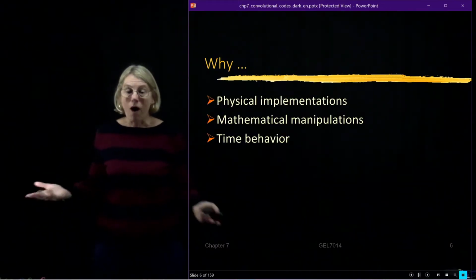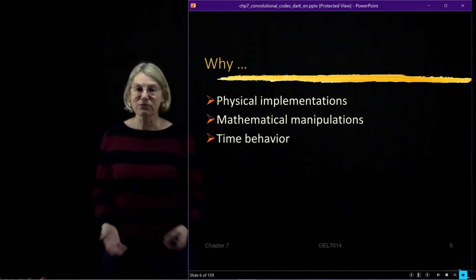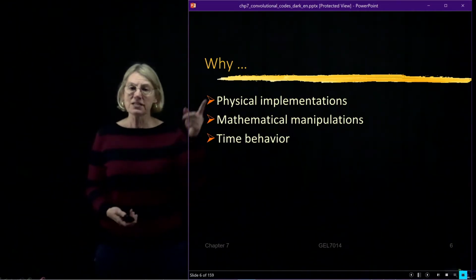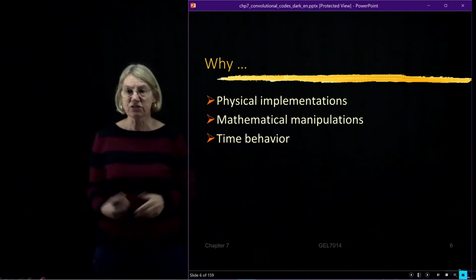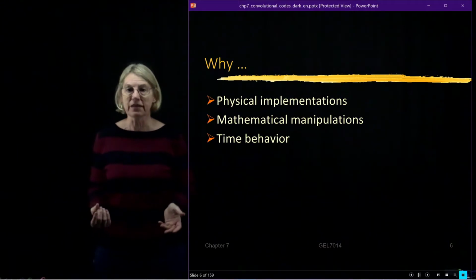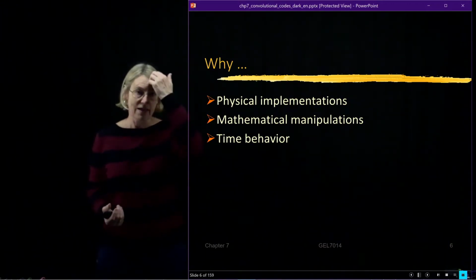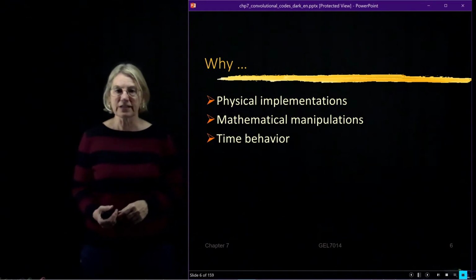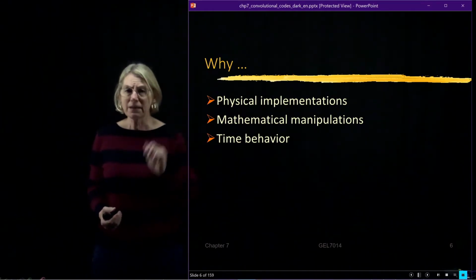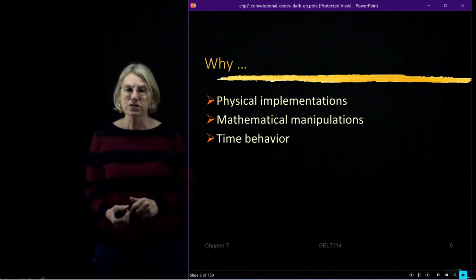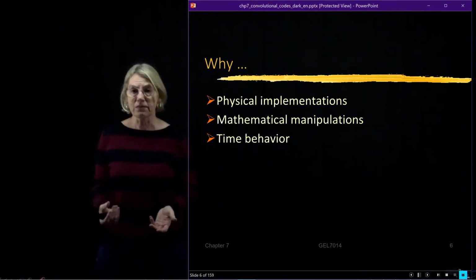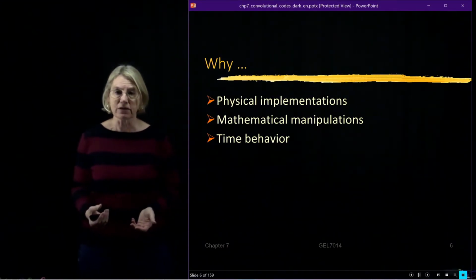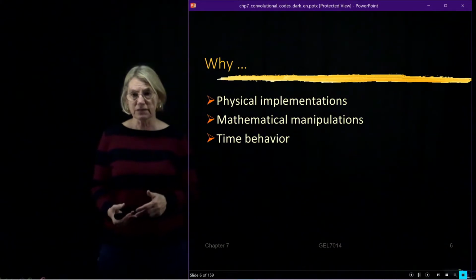And you may ask, why? Why are we looking at 6 different representations? Part of it is because of the physical implementation. Shift registers is indeed how we implement this in hardware and application-specific integrated circuits. Another one is mathematical manipulation. So I will show you the mathematical manipulations in terms of polynomials, and we won't go into it more deeply than that.